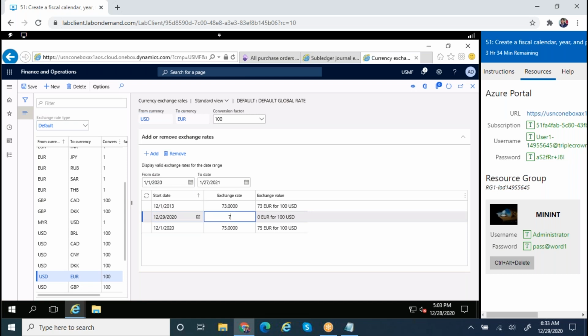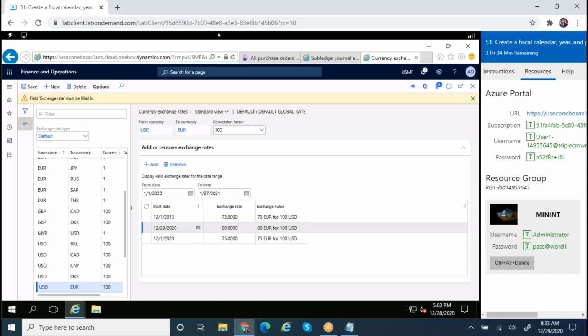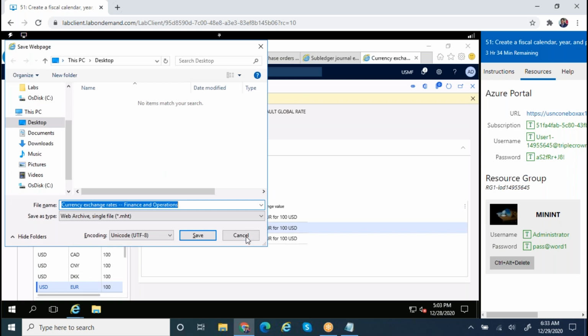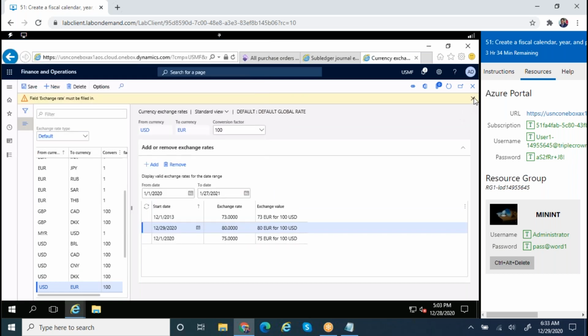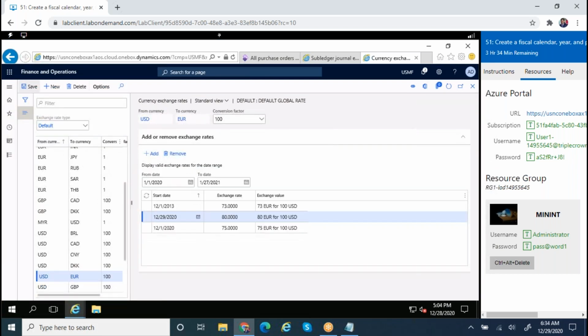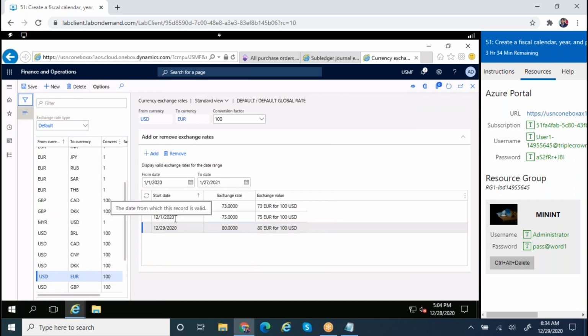I will enter $80 something. What I did, on December 1st, 75 euros equal to 100 US dollars. Now on 29th December, 80 euros equal to $100. Something I have made differently.